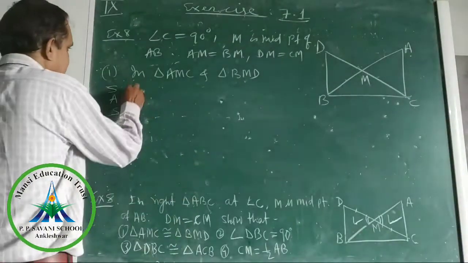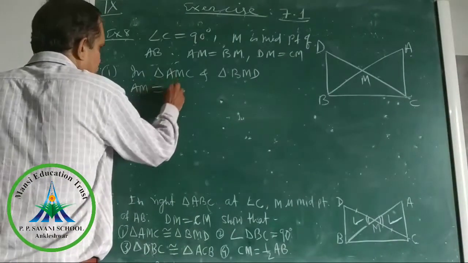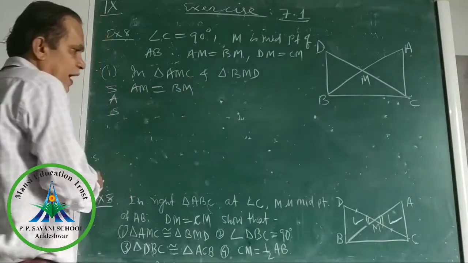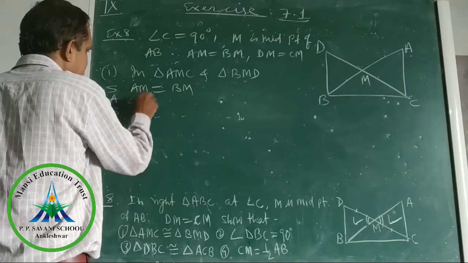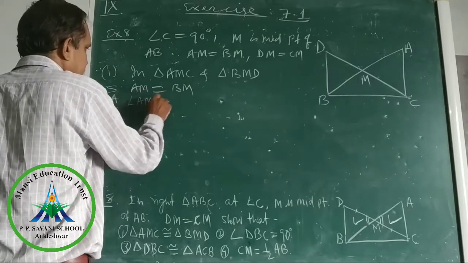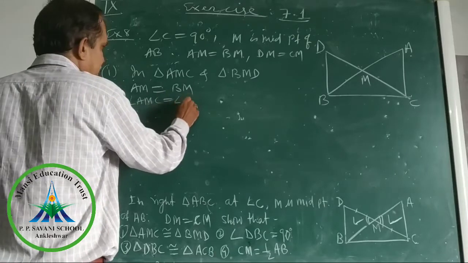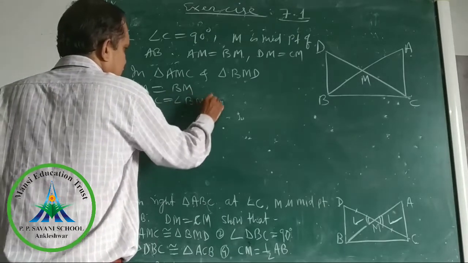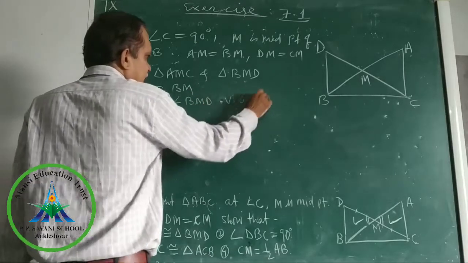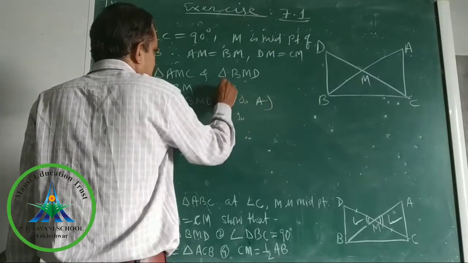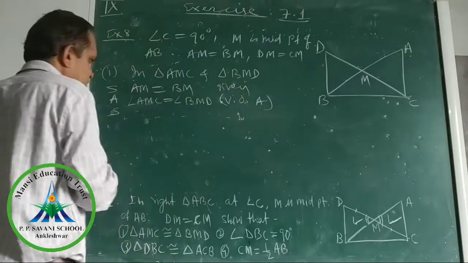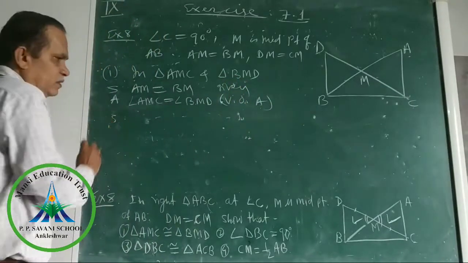Side: I am taking AM equal to BM. Angle AMC equal to angle BMD, vertically opposite angles. And next, what is the next side?